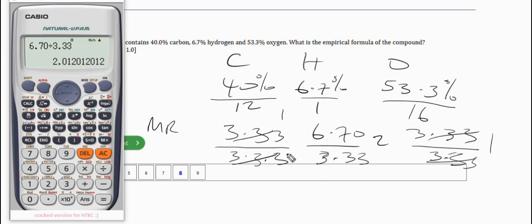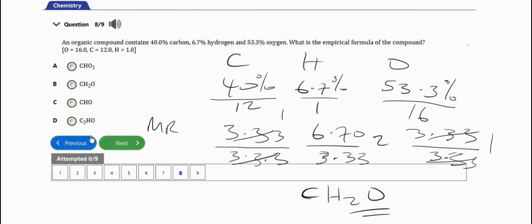Okay, so the mole ratio is 1 is to 2 is to 1. So this shows us that the empirical formula will be CH2O. Okay, so that's the answer to this question. The right option is option B, CH2O. So that's for this question.